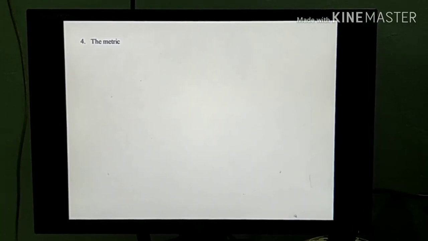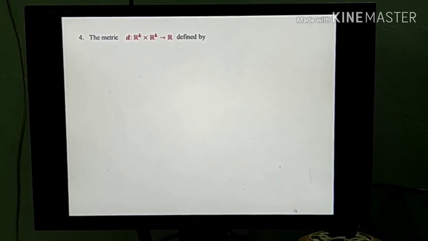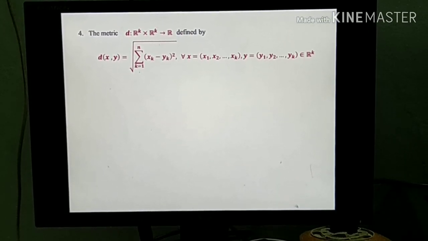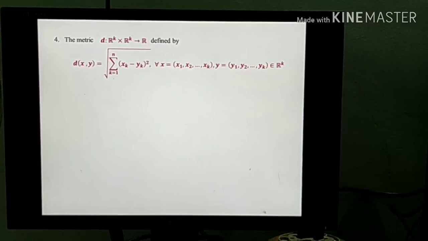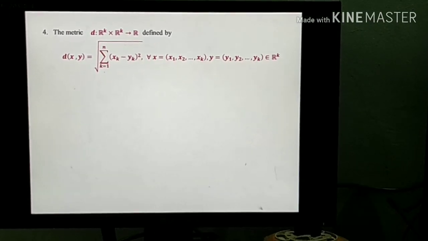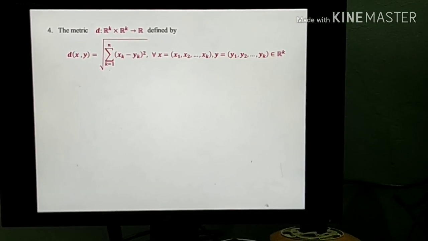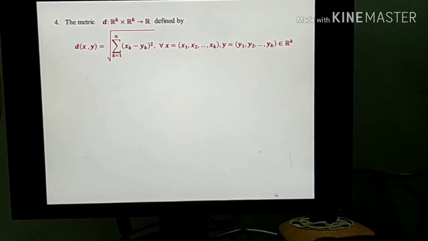Fourth example is defined on Rk, d from Rk cross Rk to R defined by d(x,y) is equal to the square root of the sum of the squares of the differences between the coordinates of x and y.